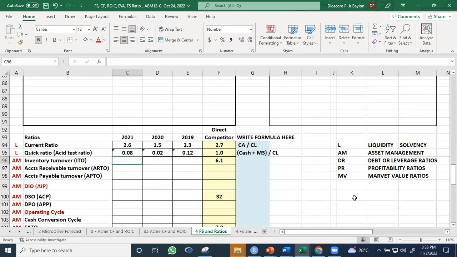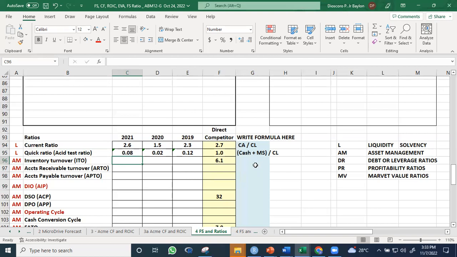Pag sinabing turnover, guys, whatever you're turning over, yun ang ilalagay nyo as a denominator. For example, inventory turnover. So that already gives you a clue that you're dividing something kasi ratio to, and yung inventory dapat yung denominator.